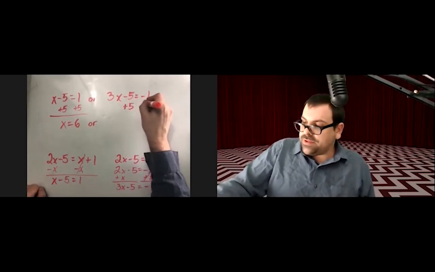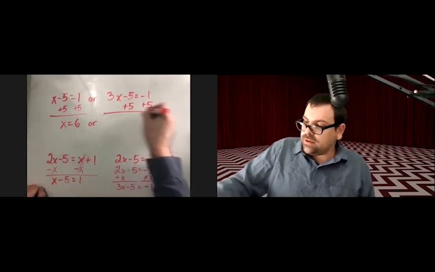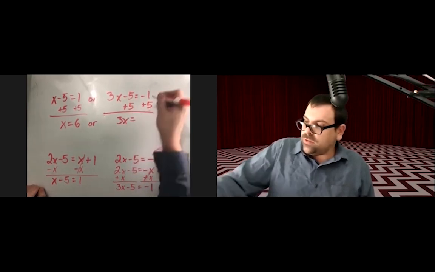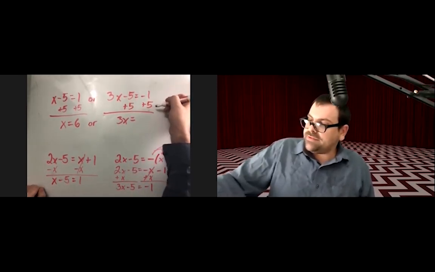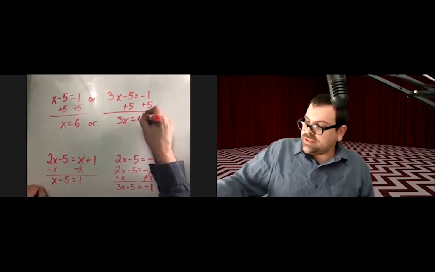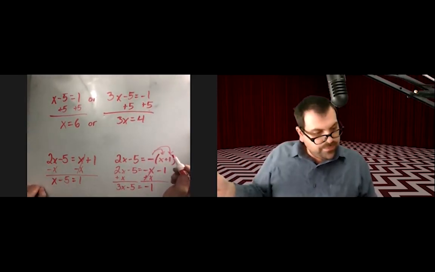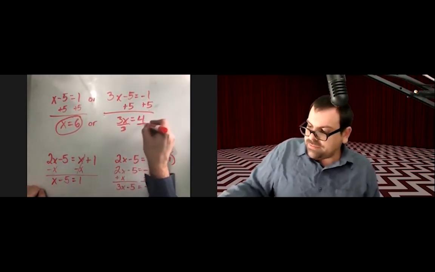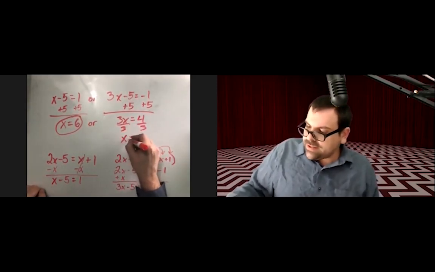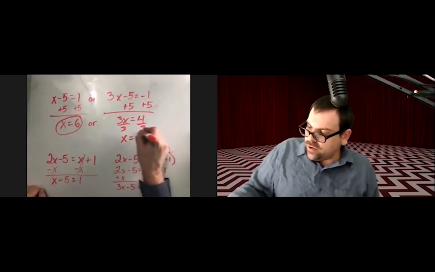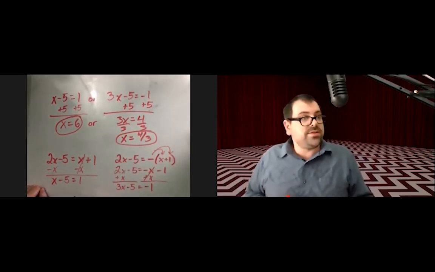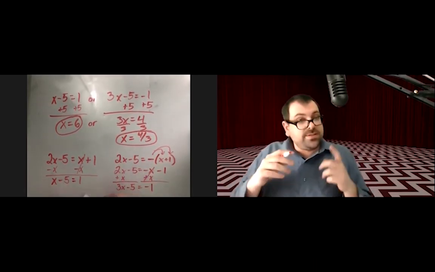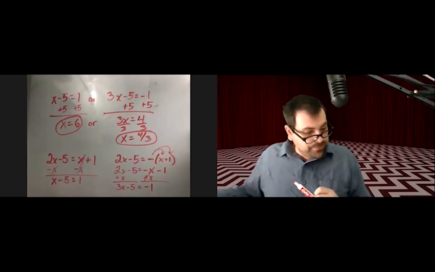Add 5 to both sides here. I get 3x equals negative 1 plus 5, positive 4. Divide both sides by 3 here. x equals 4/3. I need both of those answers. And both of these do check in the original.